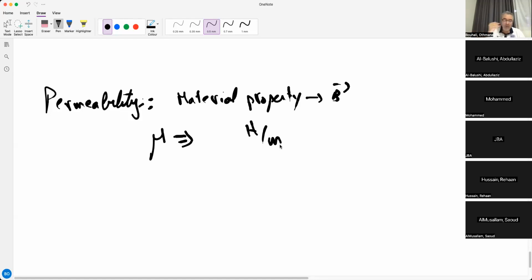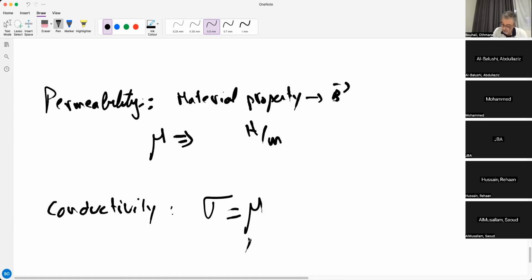Now, let me give you an example. Let me go through some formulas. For example, conductivity. Conductivity sigma is equal to the mobility times Ne, the density of electrons, times the electron charge.